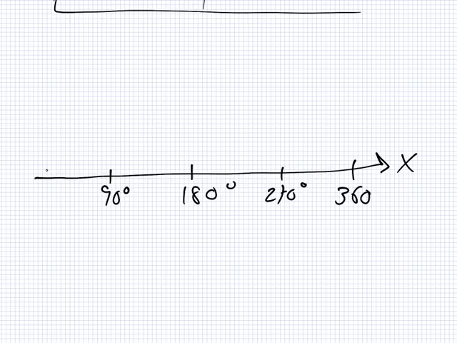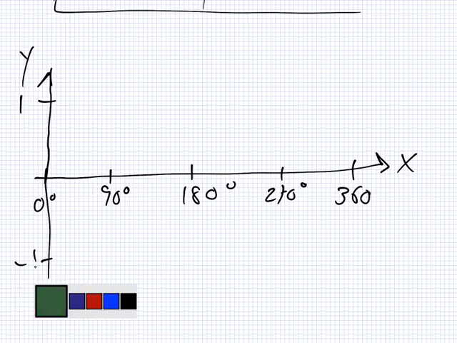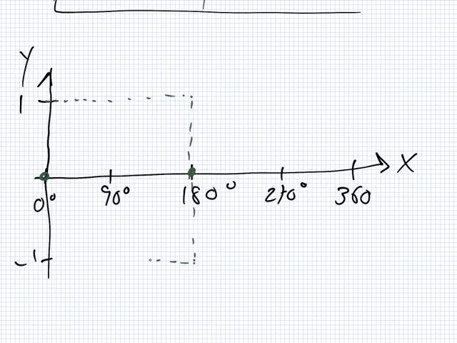And here's the 0, and here's the y-axis. This is 1, and this is minus 1. So if you remember, first you draw a box, 0 to 180, and the max is 1, and the min is minus 1. And then we split the box into 4.